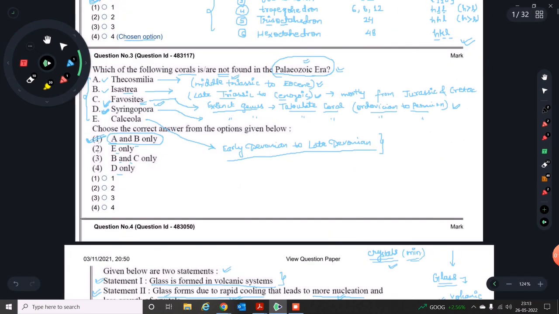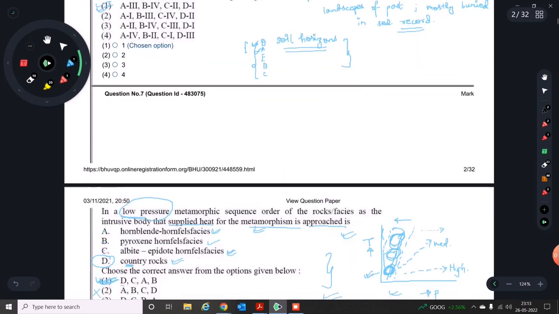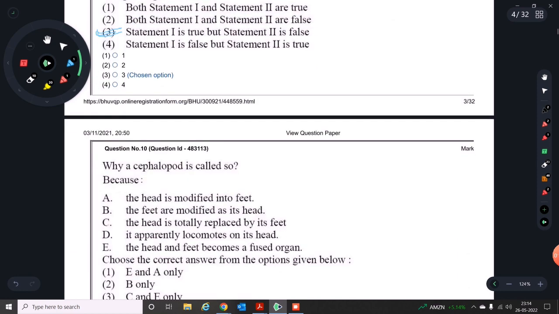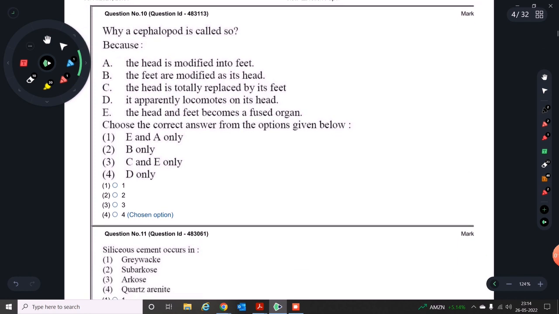Yes, you can see here the tabulate corals, Ordovician to Permian. So these belong to Paleozoic, sorry. I meant to say these scleractinians belong to Mesozoic. So it is already contradicting the statement here itself. Alright.